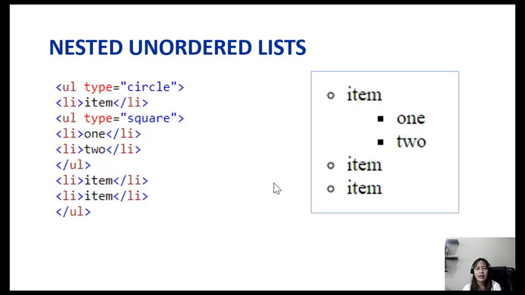So that's how you create a nested unordered list. So you can have an unordered list within another unordered list, which is also another unordered list. So there's actually no limit for the number of unordered lists that you can create. So you can also create items under the second item and another list under your third item.